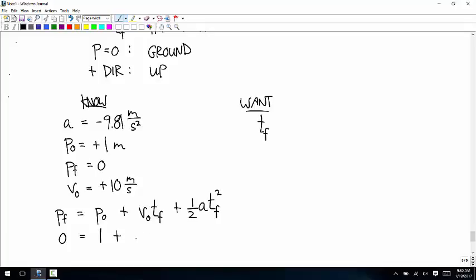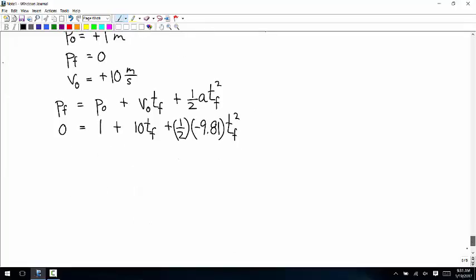Plus 10 TF plus 1/2 times negative 9.81 TF squared. So 0 is equal to 1 plus 10 TF minus 4.905 TF squared.